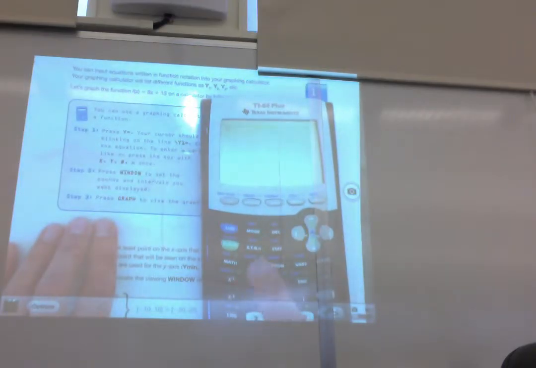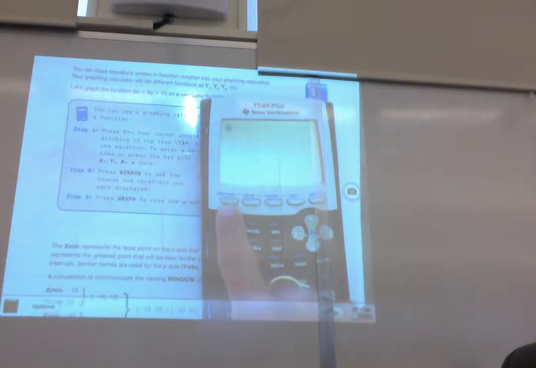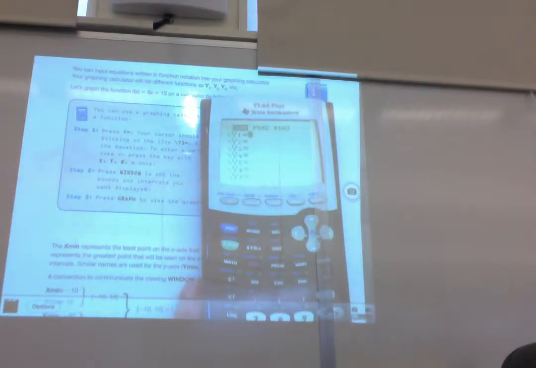Y equals on the calculator is up here, the first button right underneath the screen, top left-hand side. Push y equals, and you get a whole bunch of little y possibilities. Are you with me to there? Y equals button. Very top left.